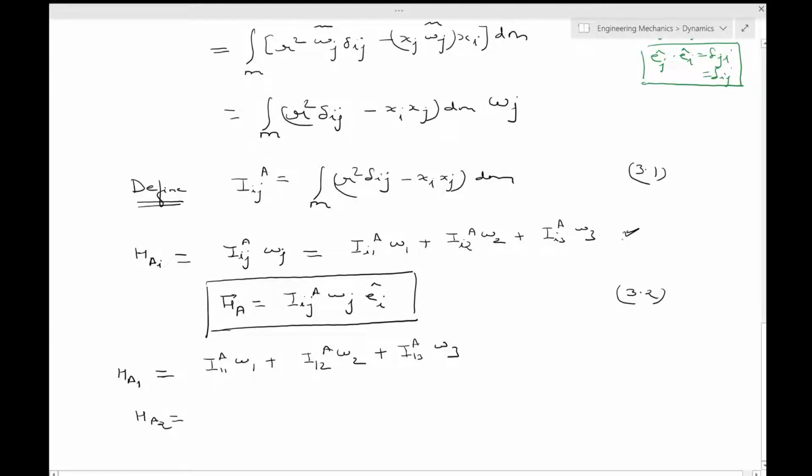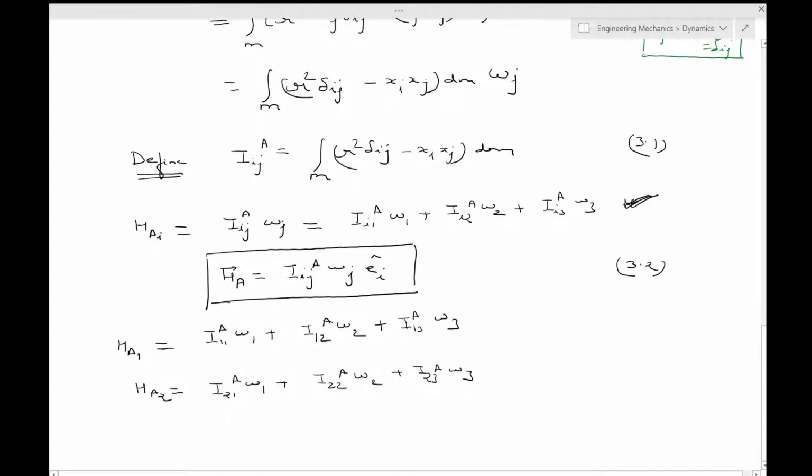Now in this one put i equal to 2. That would make it I21A omega 1 plus I22A omega 2 plus I23A omega 3.